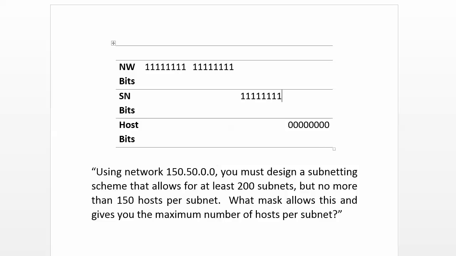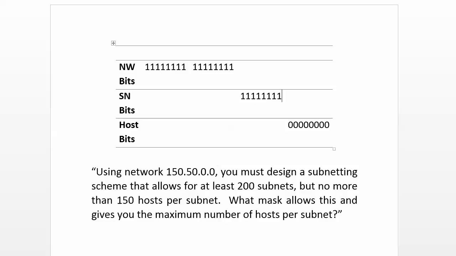Is the mask 255.255.255.0, or is it /24? It could be either one of those, right? If you're given multiple choice, we've got to know dotted decimal or prefix notation expressions, which we do. I know you know that. I also know you know that this is not the right answer because we have no more than 150 hosts per subnet.